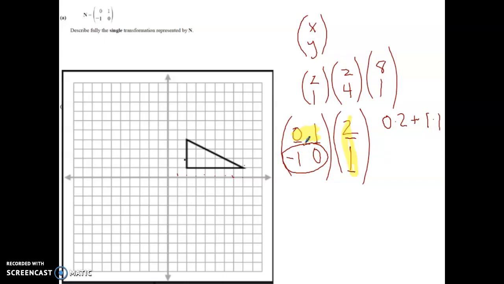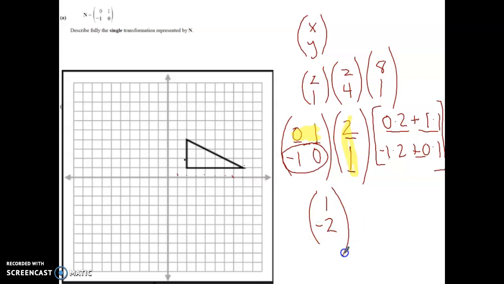So negative 1 times 2 plus 0 times 1. Okay, so there's that, and we're almost there. So now 0 plus 1 is 1, I think, and then negative 2 plus 0 is negative 2.